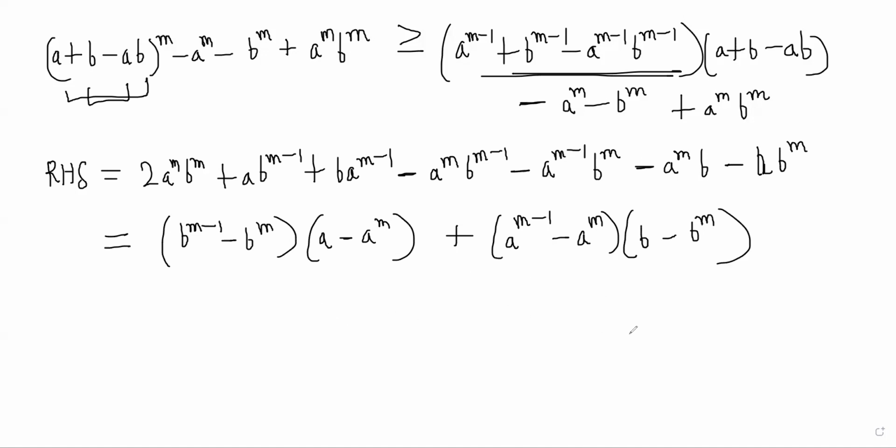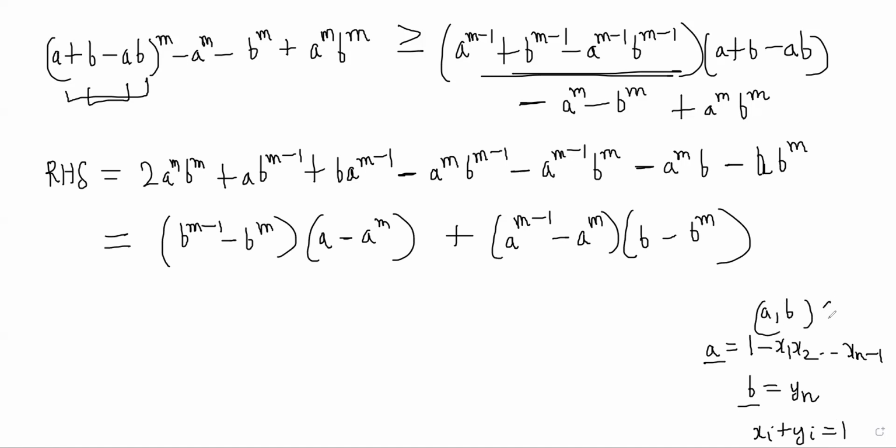Now we had chosen a and b in such a way that a was equal to 1 minus x1 x2 till x(n-1) and b was equal to y of n, and xi plus yi was equal to 1. So we know that xi and yi are less than 1 individually and a and b are also less than 1, basically belonging to 0 to 1, right?